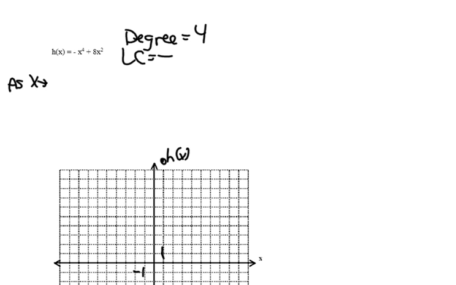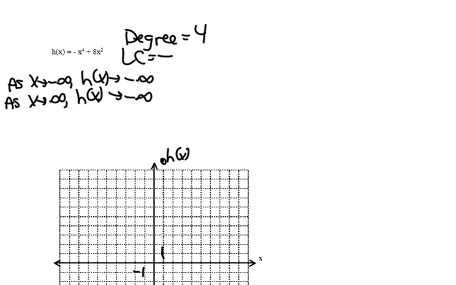As x approaches negative infinity, h of x approaches negative infinity, as x approaches positive infinity, h of x still approaches negative infinity. Okay, zeros. Okay, so I'm going to set this h of x equal to 0.